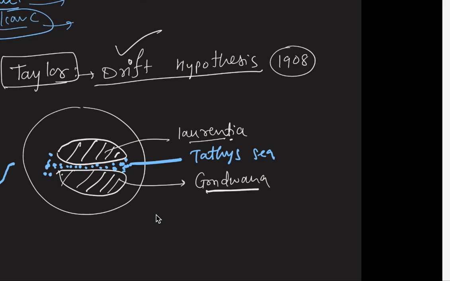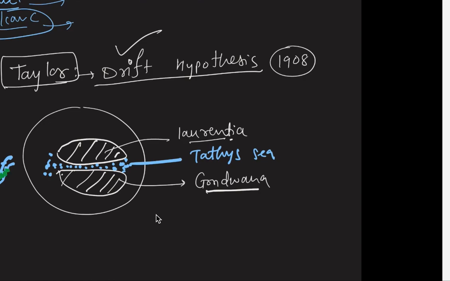What is a geosyncline? A geosyncline is nothing but a big depression. Now this big depression can be an ocean depression also. So the Tethys Sea can be a geosyncline. This geosyncline has sediments at the bottom.